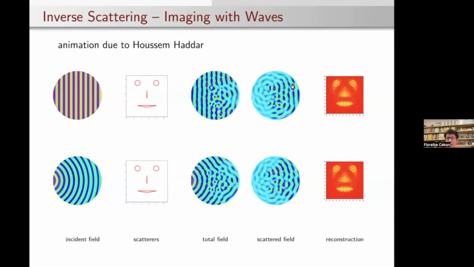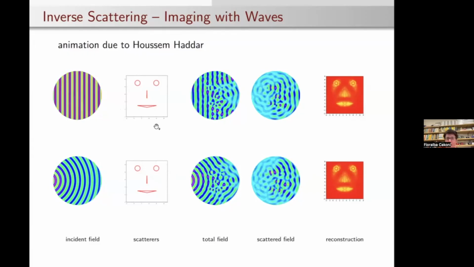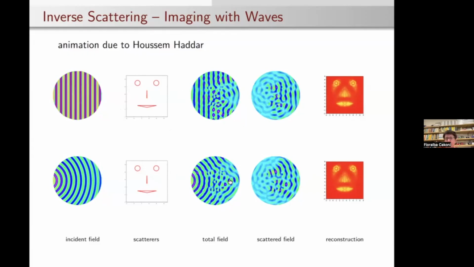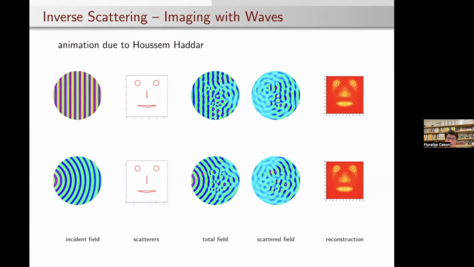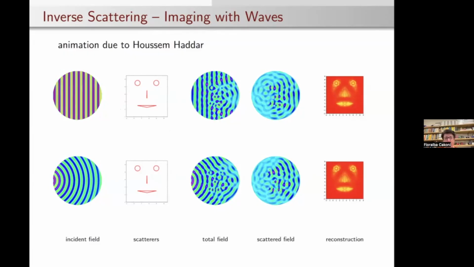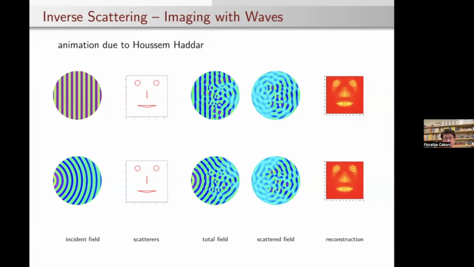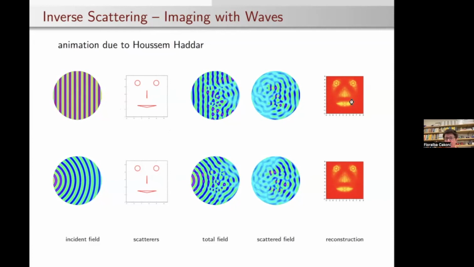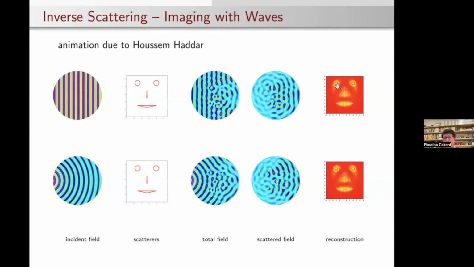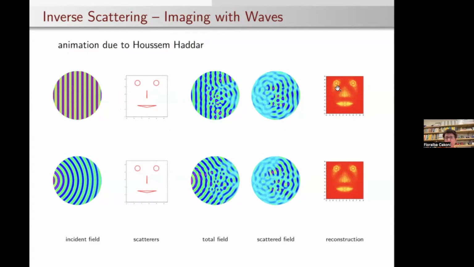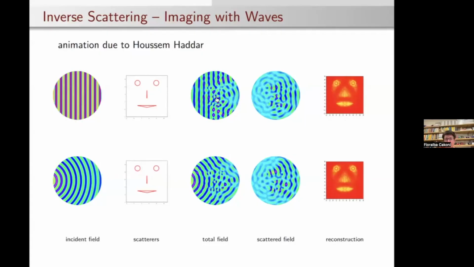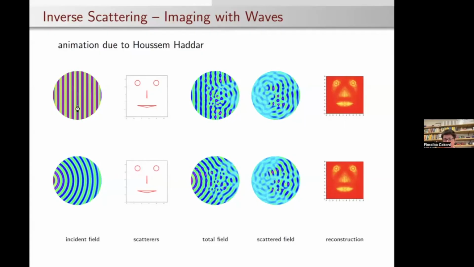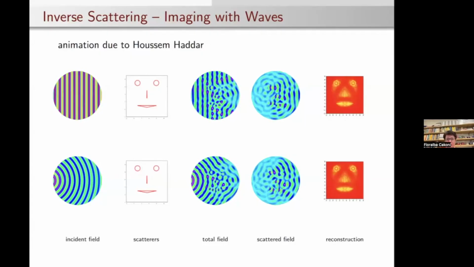So say one measures the scattered field far from the perturbation, and having this information for sufficient probing waves, one would like to recover the perturbation. One could recover everything, the support, or maybe some information about the perturbation that affected this incident wave. So this tells the story of direct and inverse scattering theory.